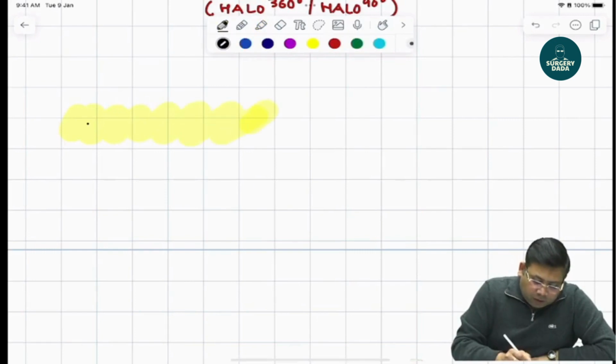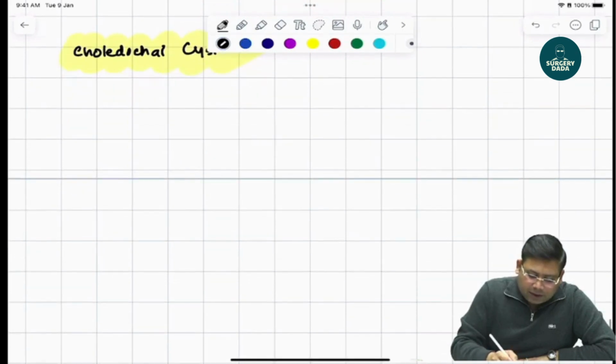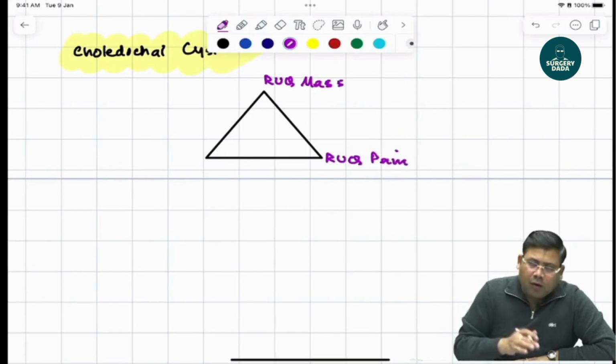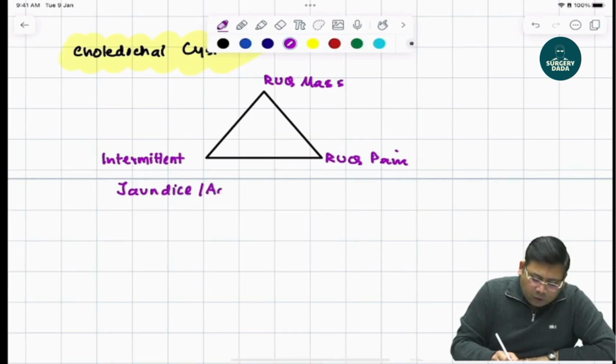When we talk about the choledochal cyst, what is the classical presentation of a choledochal cyst? Answer is, it is right upper quadrant mass, right upper quadrant pain, and along with that you don't have weight loss, but you have intermittent jaundice also, and you have intermittent classically acute pancreatitis.